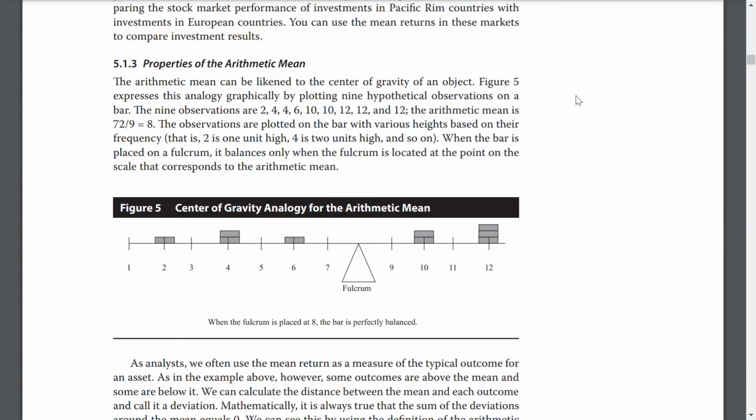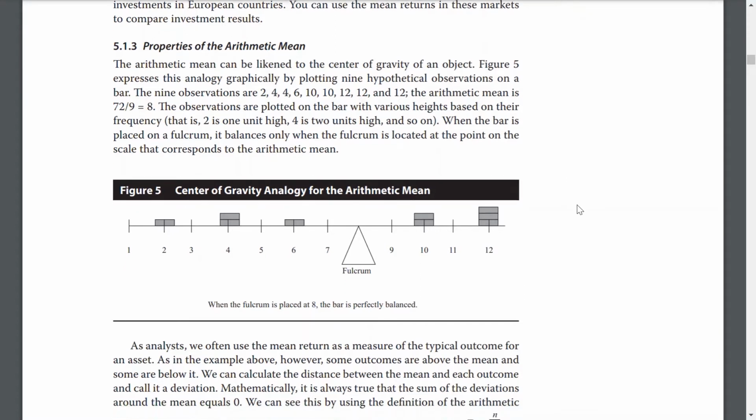5.1.3, properties of arithmetic means. The arithmetic mean can be likened to the center of gravity of an object. Figure 5 expresses the analogy graphically by plotting 9 hypothetical observations on a bar. The 9 observations are 2, 4, 4, 6, 10, 10, 12, 12, and 12.